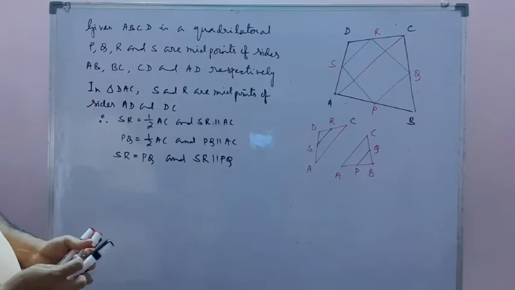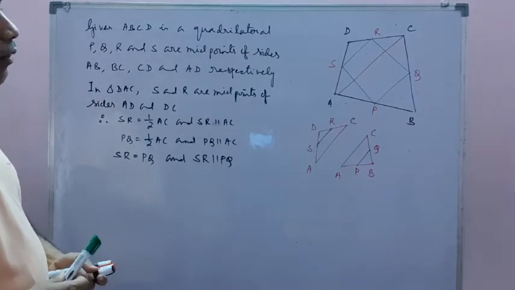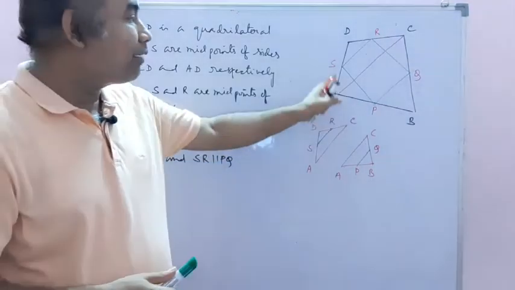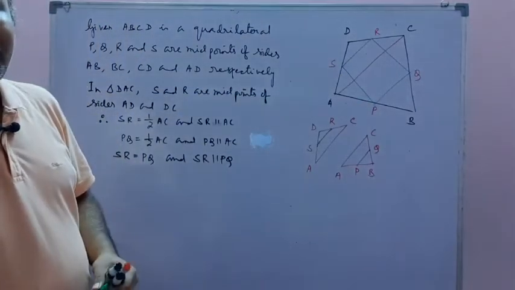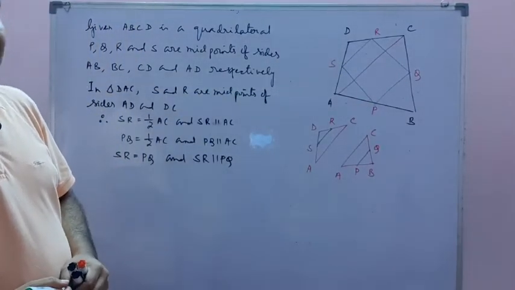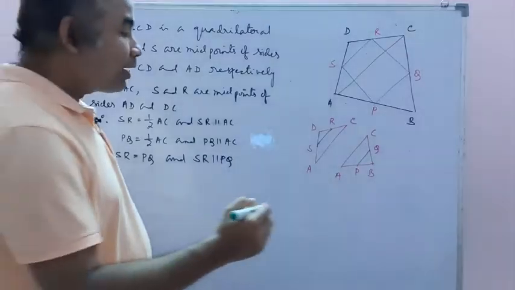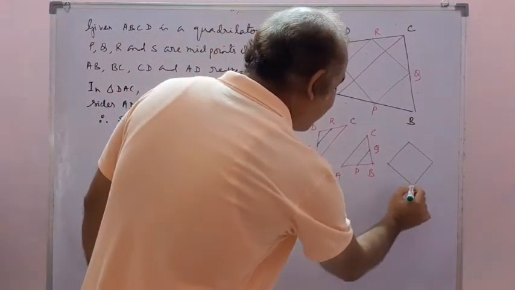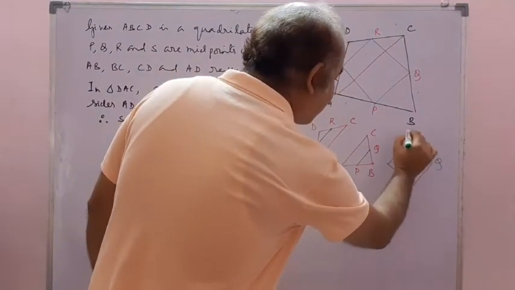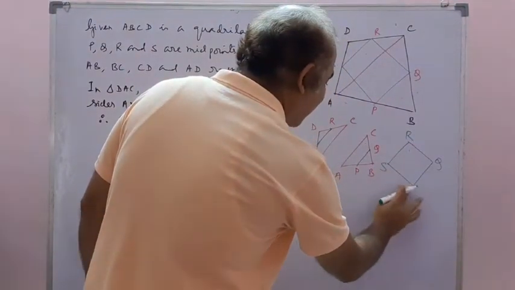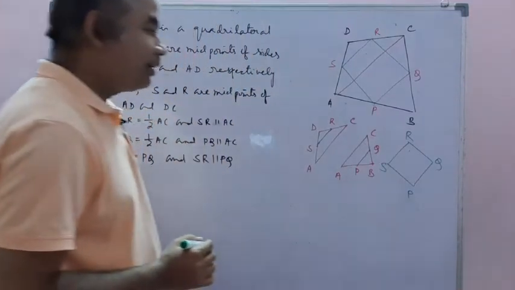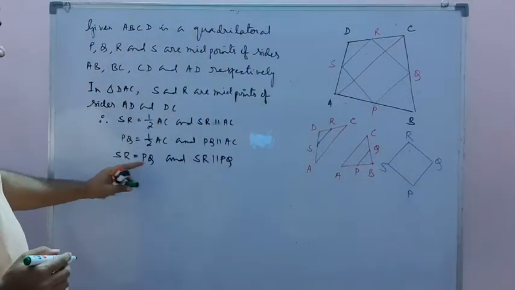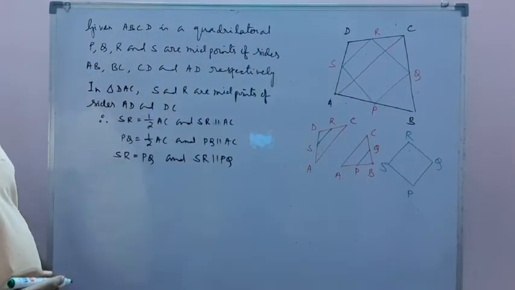For that, let me draw the quadrilateral formed by joining the midpoints of the sides of our given quadrilateral ABCD. That means I am talking about the quadrilateral PQRS. In this quadrilateral, SR and PQ are two opposite sides.